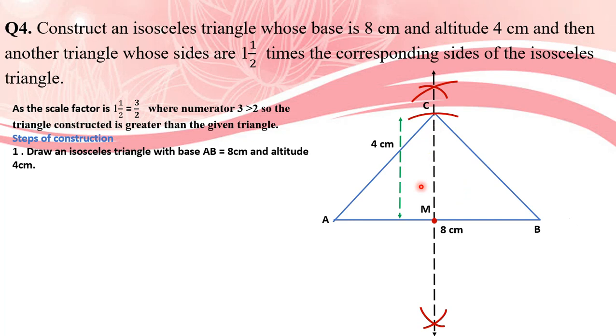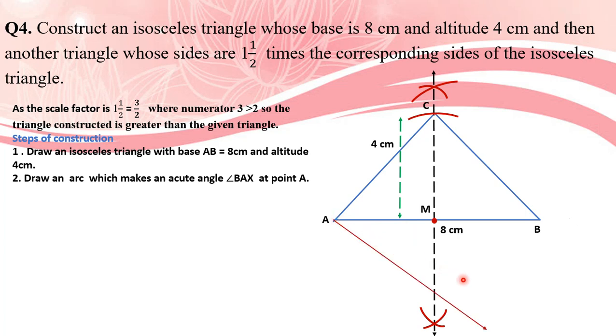We have to construct the triangle similar to this. So let's take a ray from A which makes an acute angle, that is angle BAX, or XAB, at point A. Now the scale factor is given 3 by 2, meaning 3 and 2.